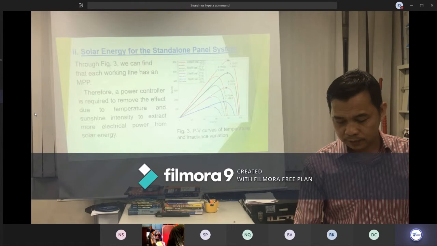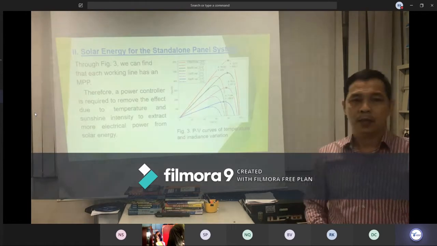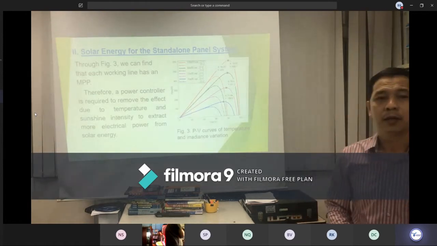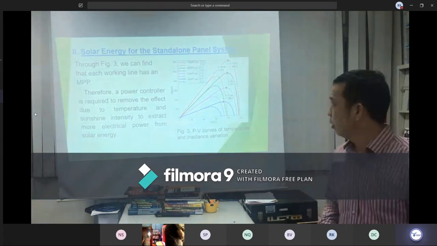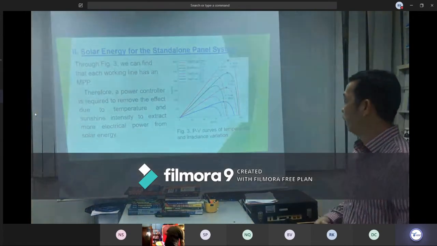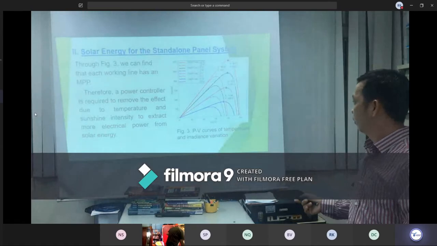In this slide, I introduce the case of uniform illuminance. Figure 3 shows the PV curve under temperature and irradiance variation.